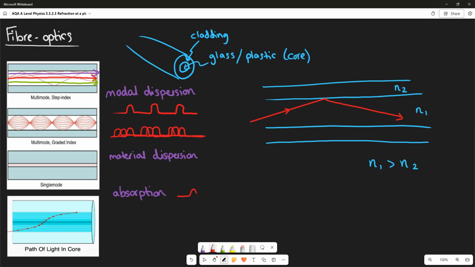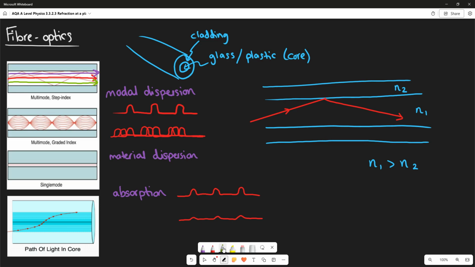So if you are sending out pulses, after several kilometers of fibre optics, some of that light will have been absorbed, so your pulse is going to look something more along the lines of this. So it's going to be attenuated. The intensity of that light, the amplitude, the brightness of that light is going to be reduced.